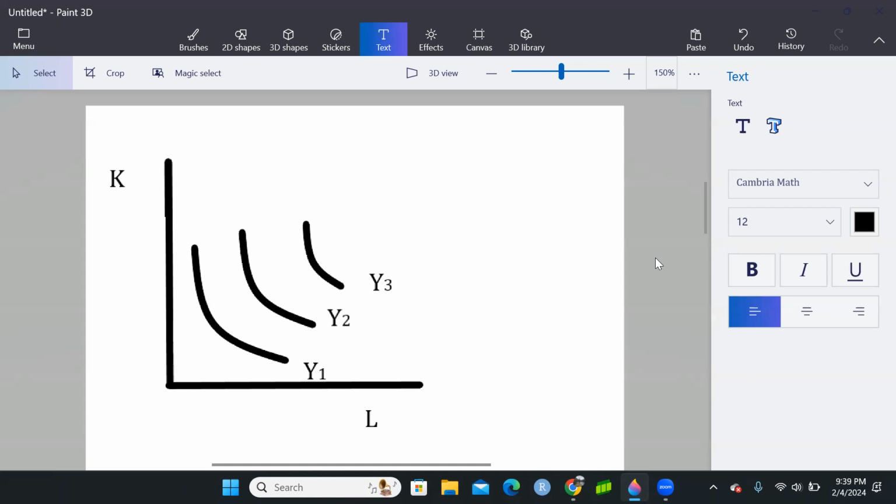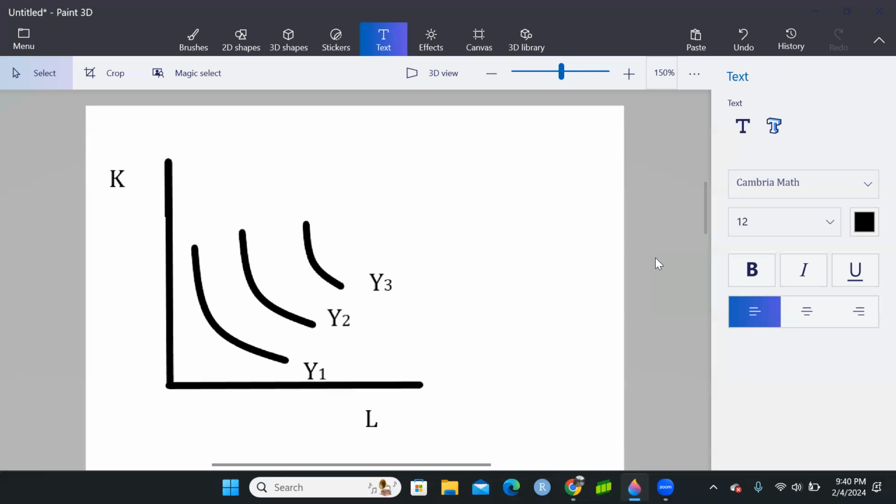The first concept that we're going to talk about is the education production function. I think before we talk about the education production function, I'd like to talk about production functions a little bit more generally. Production functions are quite simply functions of the inputs that go into the production of goods.